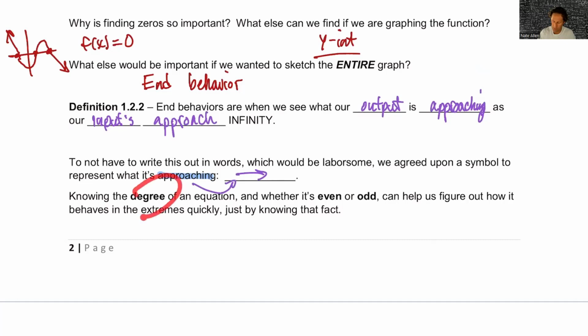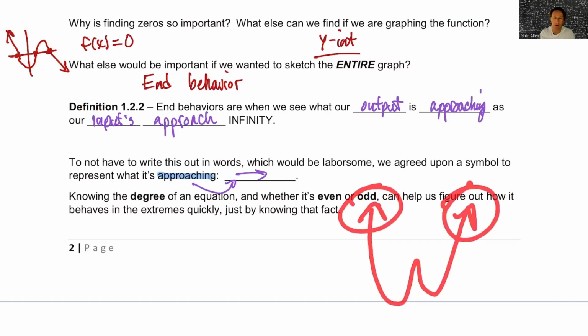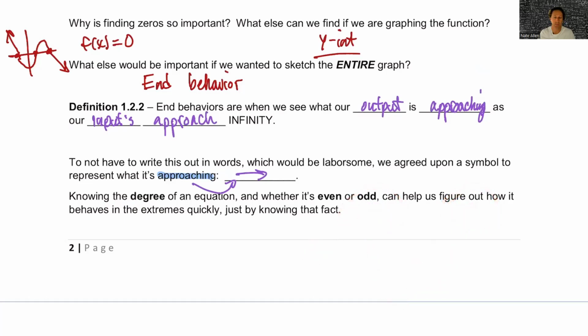And by knowing the degree and whether it's even or odd, along with its coefficient of that degree, it will tell us whether it's decreasing, and notice opposite directions, odd, or if it's even, they'll be in the same directions. And that would be a positive leading coefficient. Okay, all things again that we are just reviewing, you should already know.